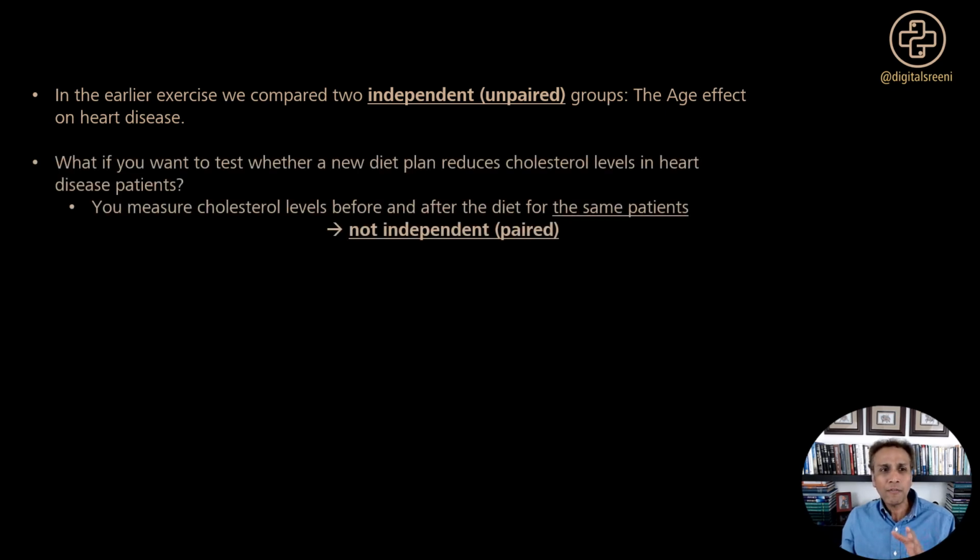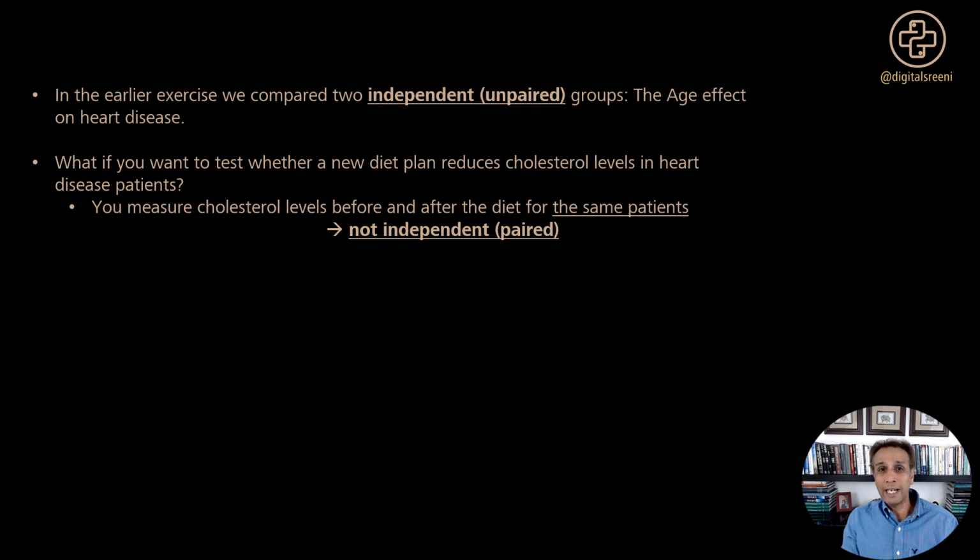Now, what if you want to test whether a new diet plan reduces cholesterol levels in heart disease patients? You have a population of people with heart disease. You take only the heart disease patients and say, okay, this is our new diet plan, and then you measure the cholesterol levels before and after the diet plan.